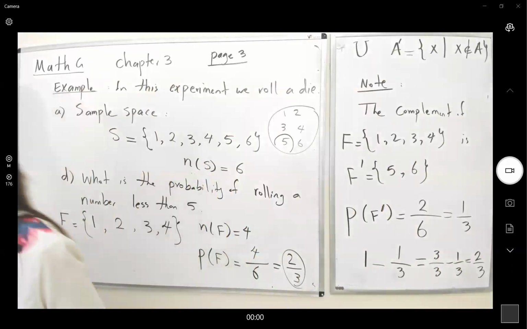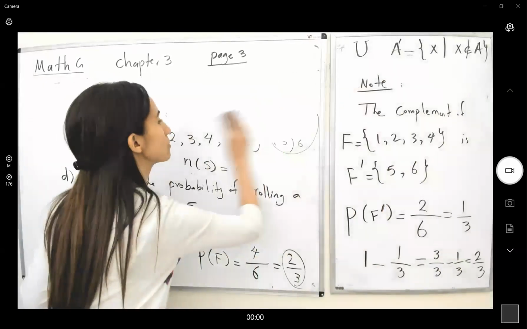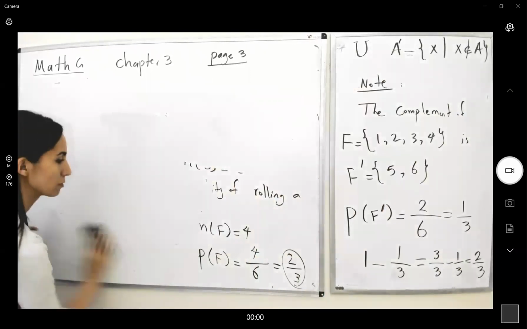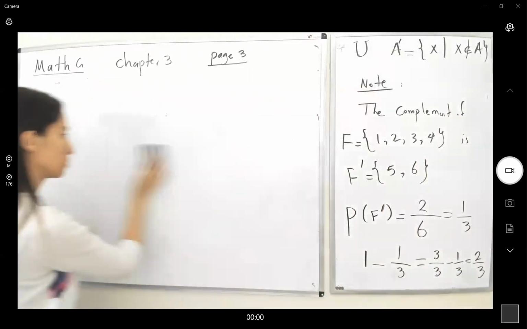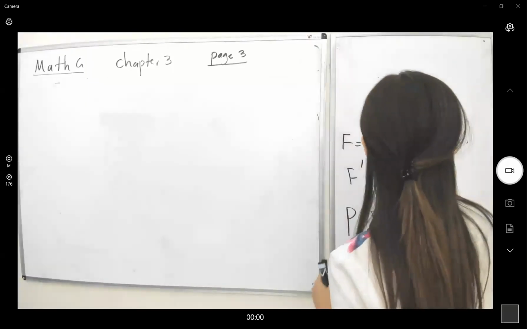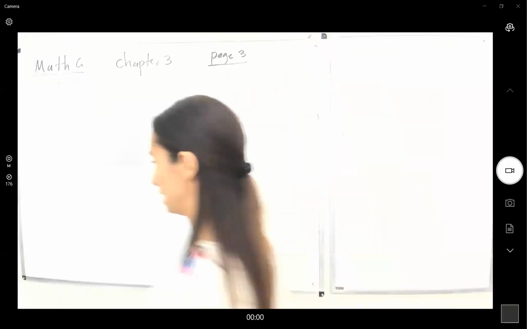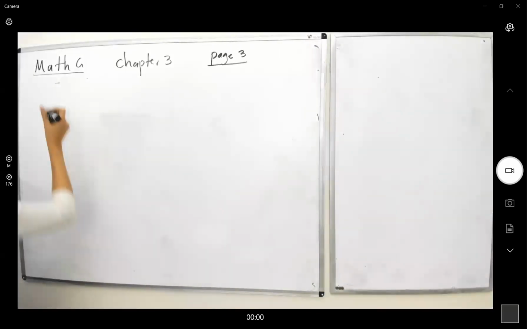The formula that we're going to use is, for an event E in sample space S, a nice formula for you.